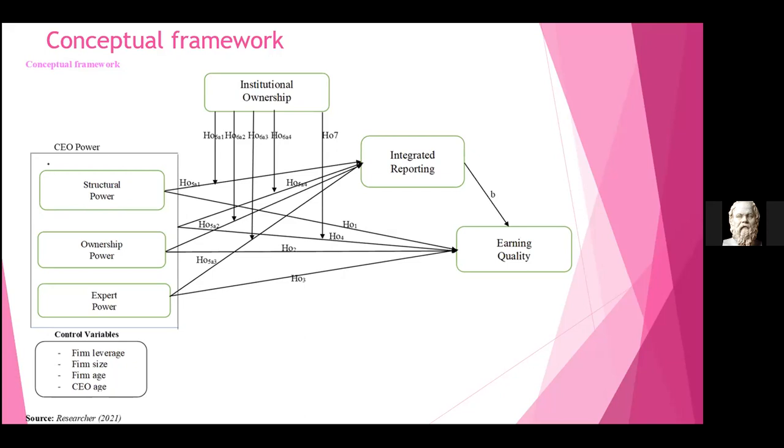For earnings quality, you have variables that represent earnings properties like earnings management, earnings smoothing, conservatism, and predictability.